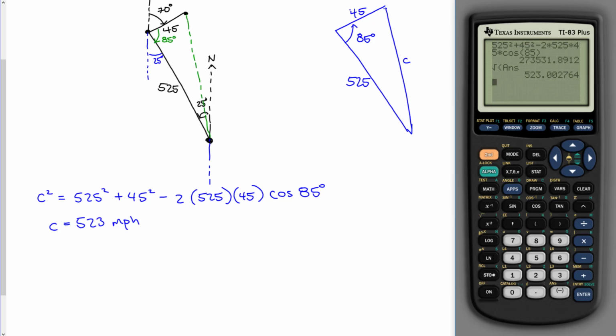The thing that we do need to figure out, however, still is the resultant angle measure. Now, because I know this over here is 523, I know a little bit more about this triangle than I did before. I'm going to put that over here so that you can follow along, because now I'm really just concentrating on this triangle. If I could come up with some of the remaining angles in this triangle, I could then determine what the new bearing is.